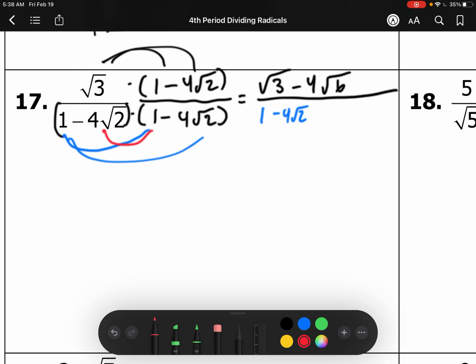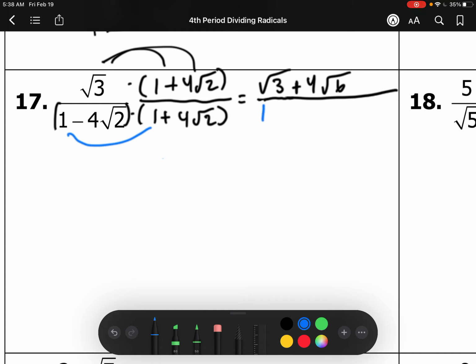And sorry, I didn't do the conjugate. This is supposed to be plus, right? Sorry about that. The conjugate of 1 minus 4 times the square root of 2 is 1 plus 4 times the square root of 2. So the only thing that's going to change in our numerator is that that's going to be positive, right? So sorry about that. Let's get started again with the denominator.